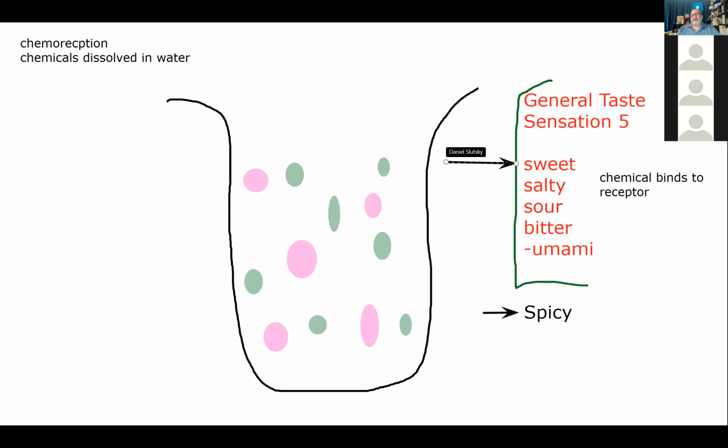Well, spicy is the janitor's key of chemicals. And what does a janitor's key open? Everything. And that's what happens. Spicy stimulates all these taste receptor types at the same time, causing a big, huge neural signal.